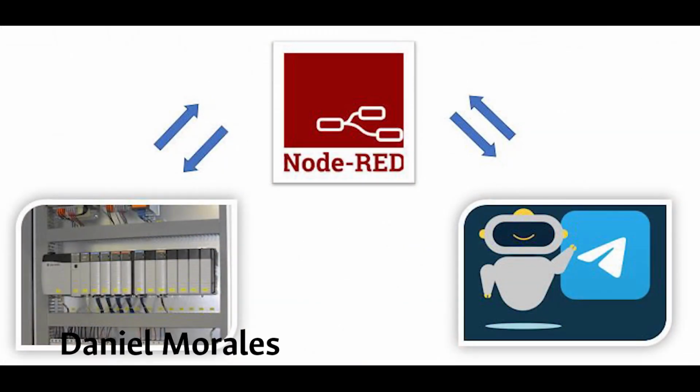In the communication architecture, we have three main components, which are the Telegram bot, Node-RED, and the PLC. The user initiates interaction with the system through the chat of the Telegram bot, which can be operated remotely from a mobile device such as a cell phone or computer.